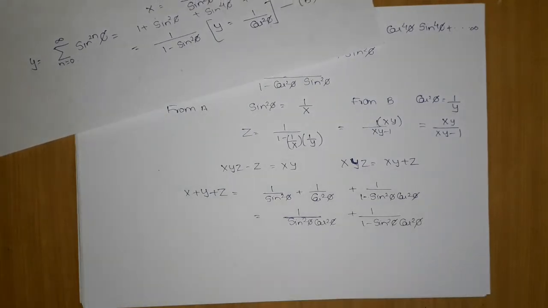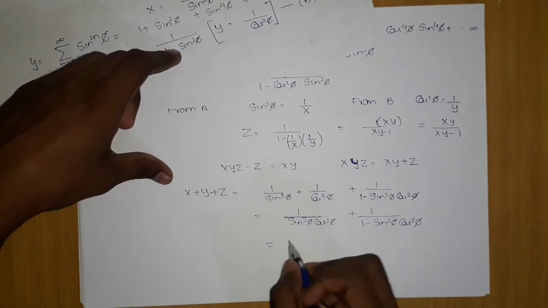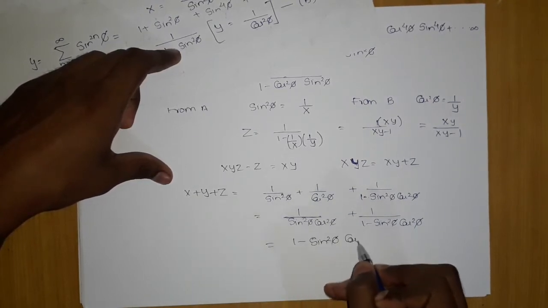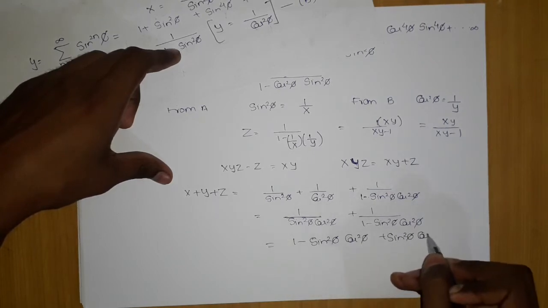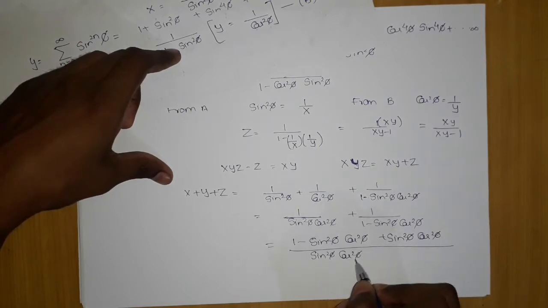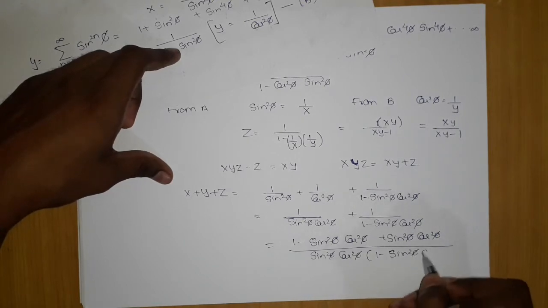Okay, and 1 upon the same thing, sine square 5 into cos square 5. So here if I multiply in the top, basically they will cancel out, but I will show you how it cancels out, otherwise you will have doubt. Cos square 5 plus sine square 5 into cos square 5, and after this I will multiply them, sine square 5 into cos square 5 into 1 minus sine square 5 into cos square 5.